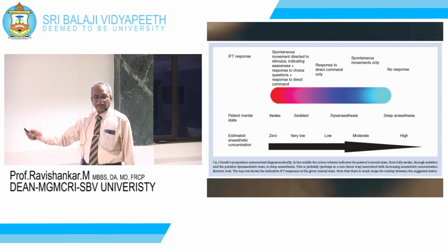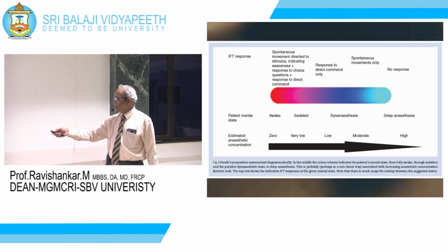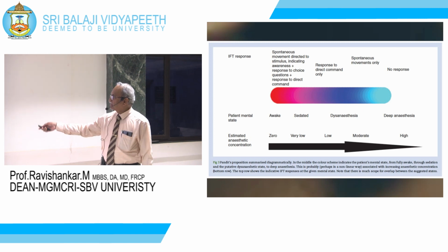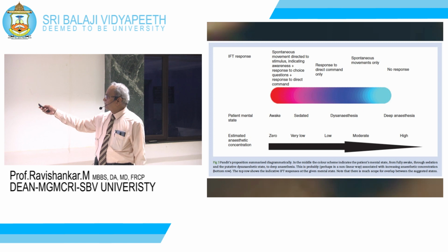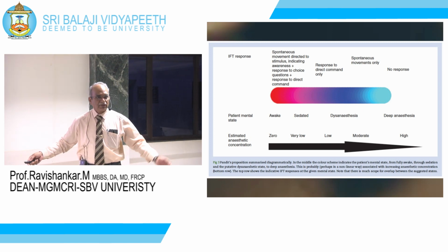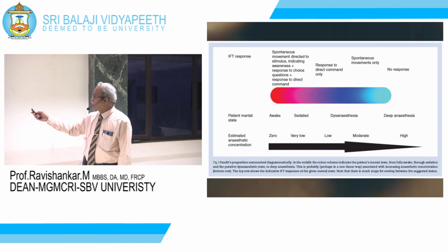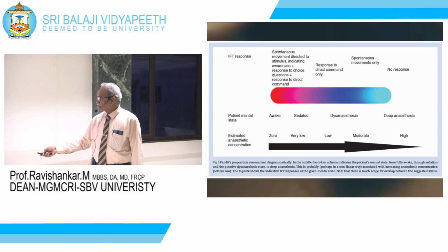Here, after isolating, the movement has been established, and that is the awake state. Sedated: response directed only to the command. Then spontaneous movement only, without any correlation to whatever is happening. And no response here when there is deep anesthesia.